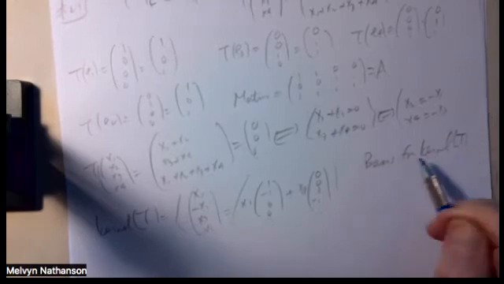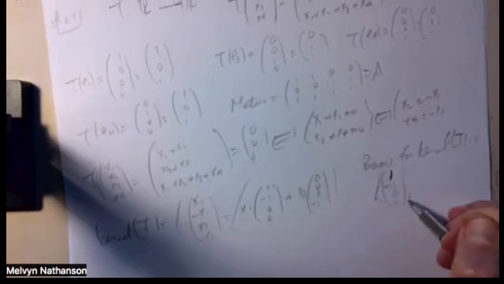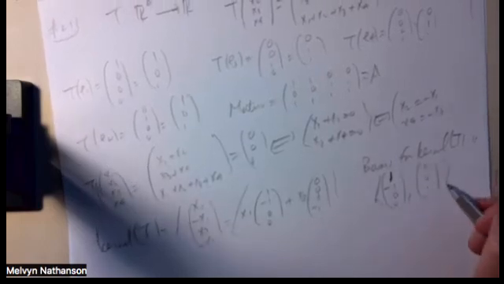So a basis for the kernel, or the null space of T, are the two vectors 1, minus 1, 0, 0, and 0, 0, 1, minus 1. So the dimension of the kernel is 2.